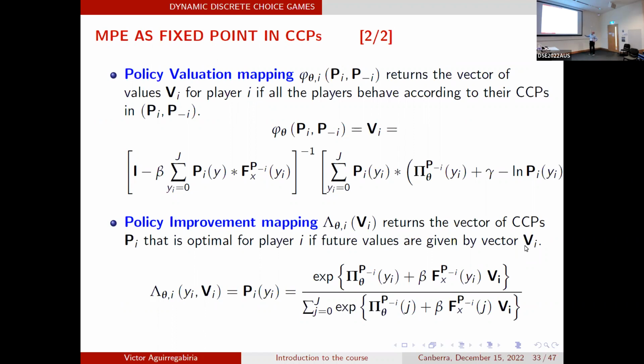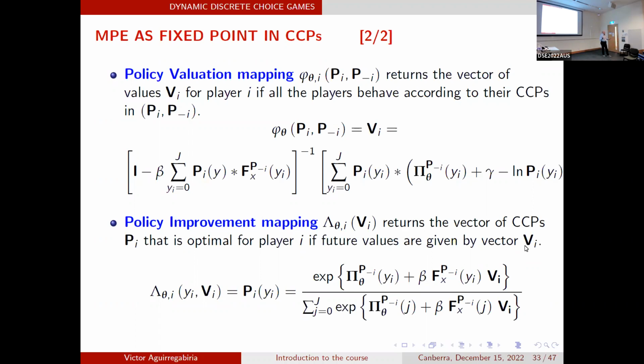Basically, given P, there is a unique matrix here of valuations. There is a unique vector of expected profits. There is a unique vector of values. Let's fix how every player is going to behave now and in the future. Given that, we can calculate for every player what is the vector of values.